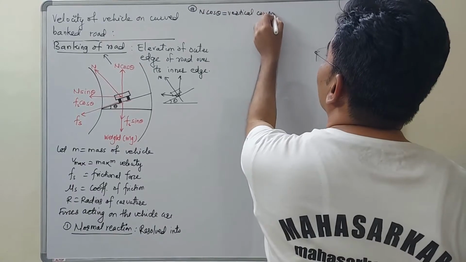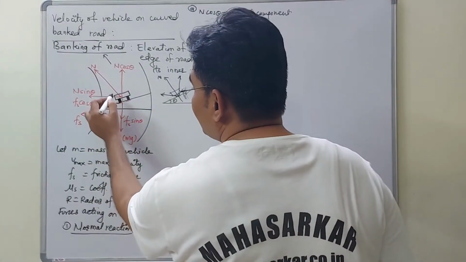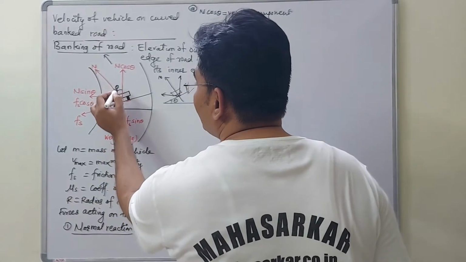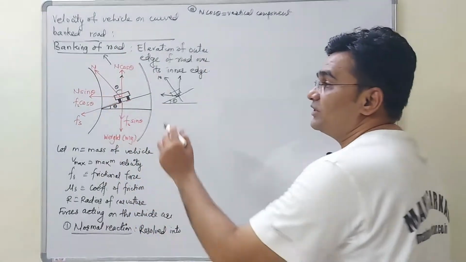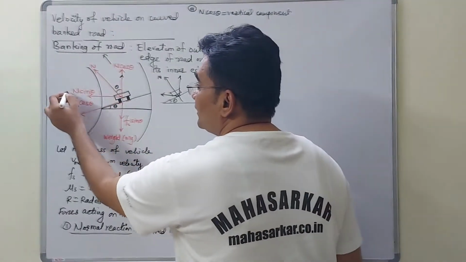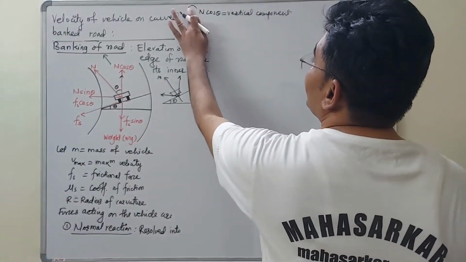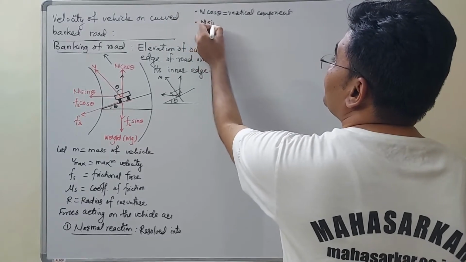I think you know how to find components. If this is angle theta, then the component along the angle is the cosine component, and the component perpendicular to it is the sine component. So N cos theta is the vertical component, and the second component is N sin theta.